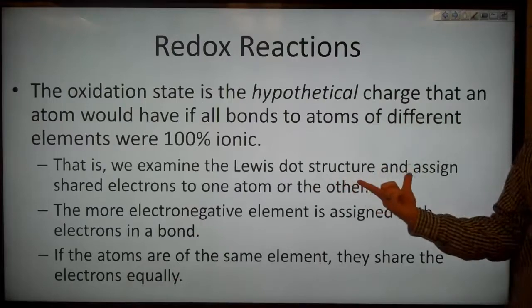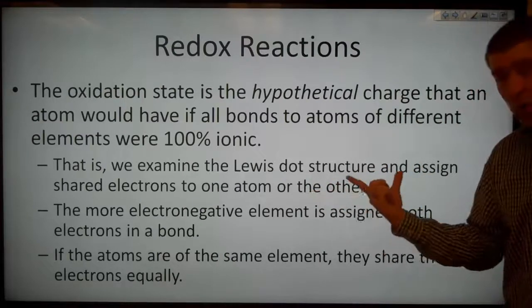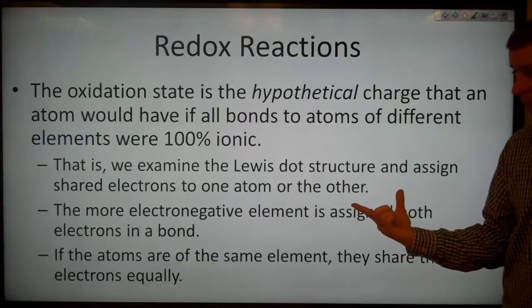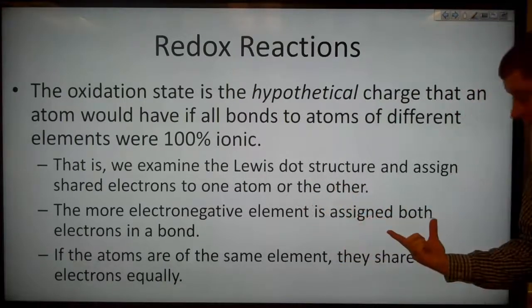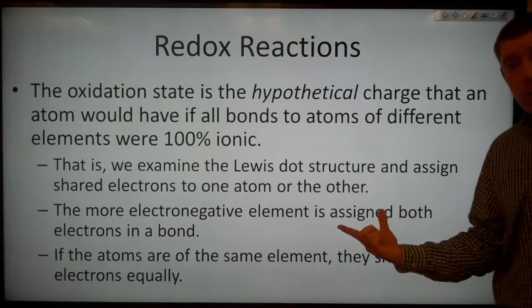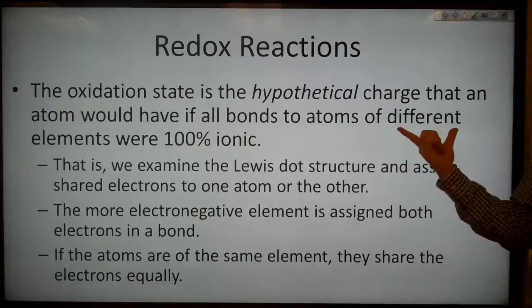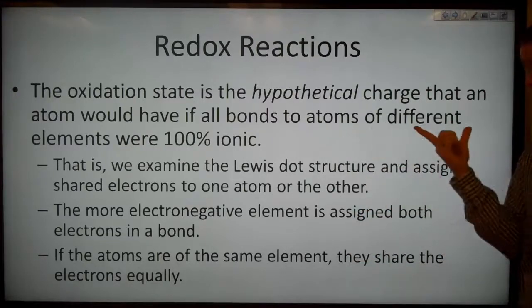So this means that we have to examine the Lewis dot structure and assign shared electrons to one atom or the other. The more electronegative element is assigned both electrons in a bond. If we have identical elements, so that's why we have atoms of different elements.